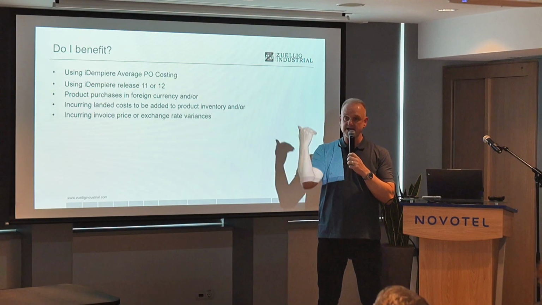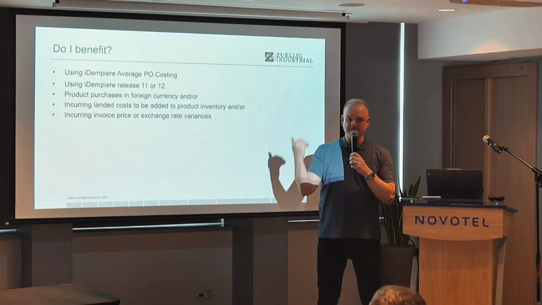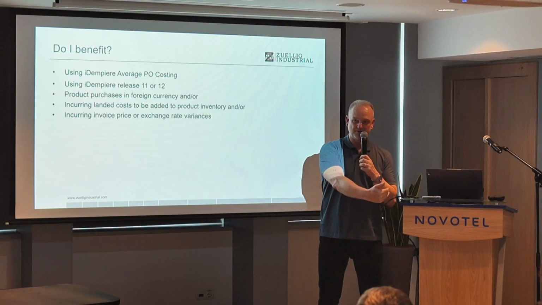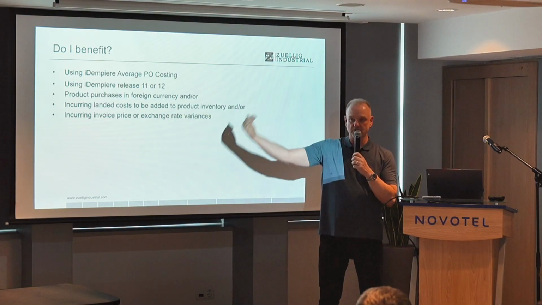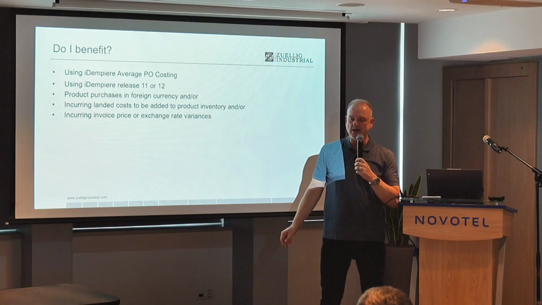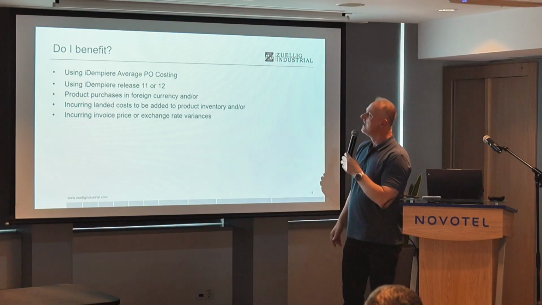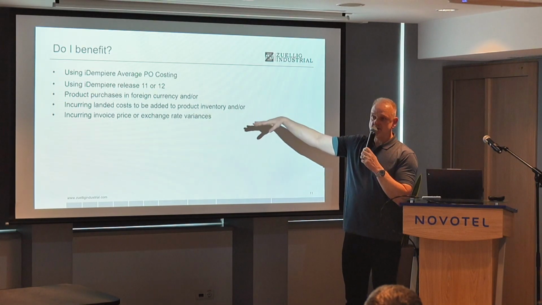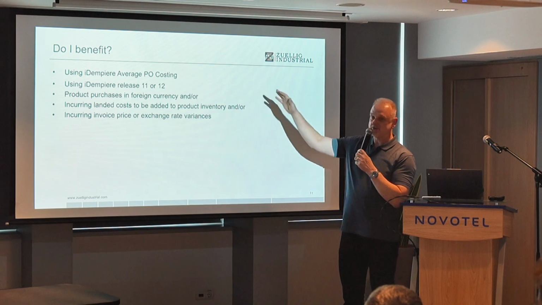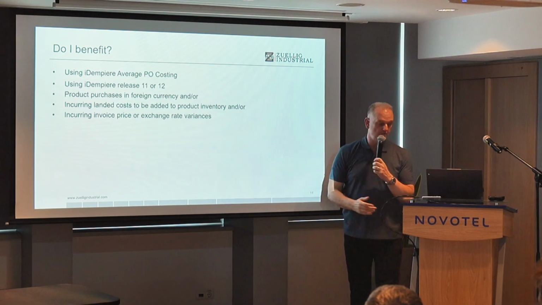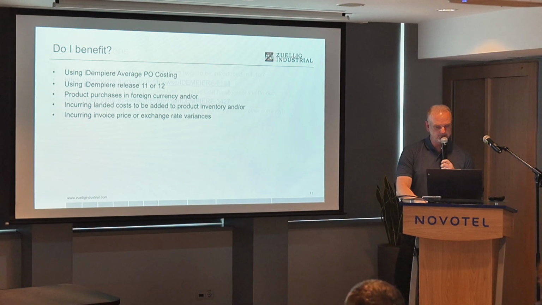And the system has to check again, how should that be allocated, right? Should it go into inventory, or should it go into the P&L? So these are the scenarios, and if you fall into any of these categories, you're benefiting from that solution.